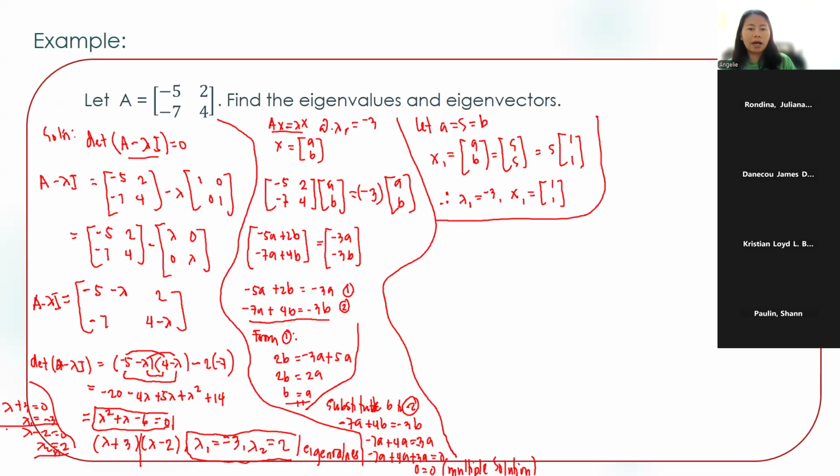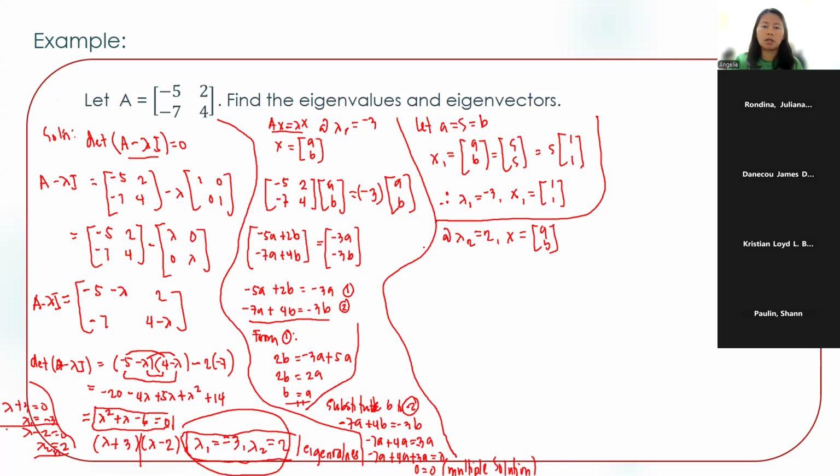Now, we still have to find the second eigenvalue. So the eigenvalue 2 equals 2 from here, right? From negative 3, now it goes to 2. So for 2, again, we go back to this process. We have x equals a and b, right?